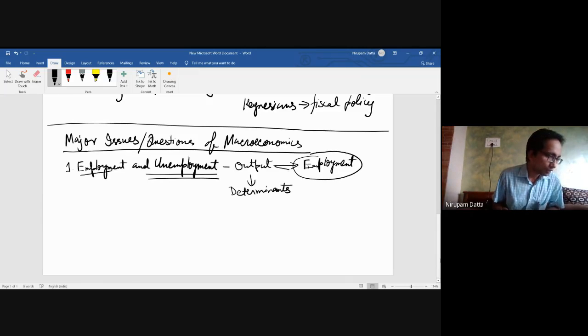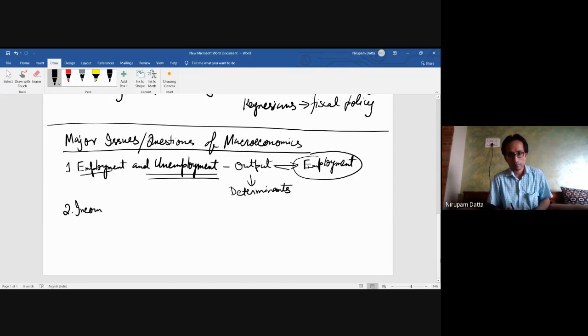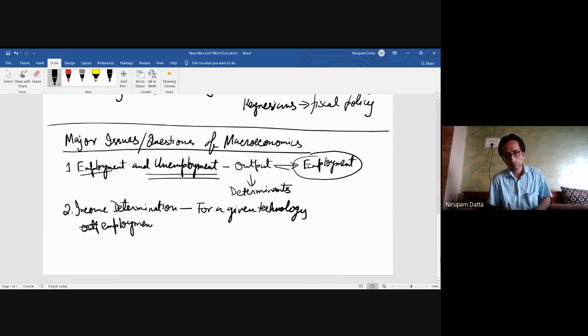Okay. Now, the second major issue is income determination. For a given technology, as I mentioned in yesterday's class and just now, employment and output will go hand in hand.